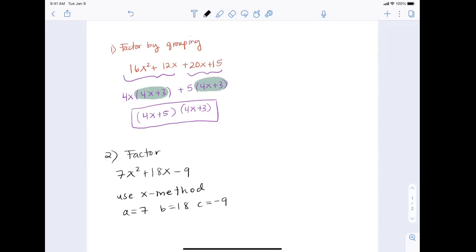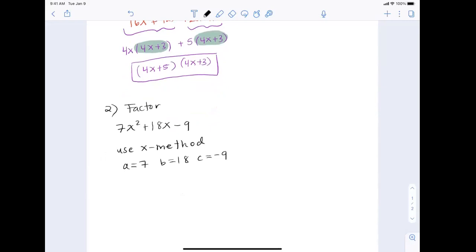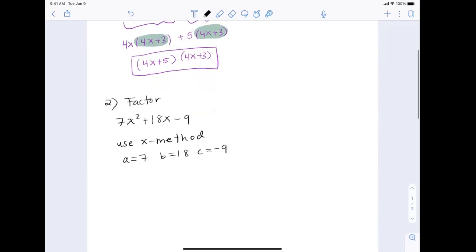So you have A equals 7, B is 18, and C is negative 9. So then you do your X. A times C is negative 63, and then 18. So we're looking for 2 numbers that multiply to give negative 63, but add to 18.